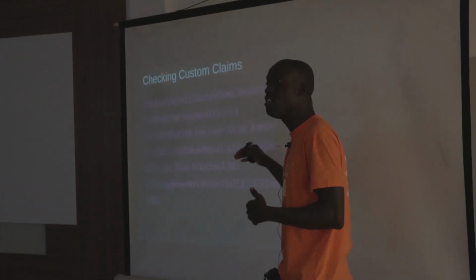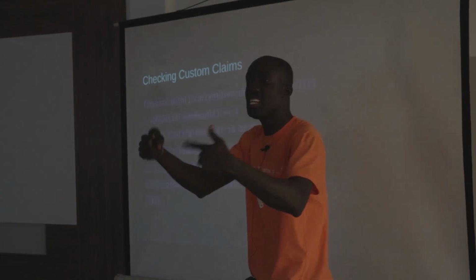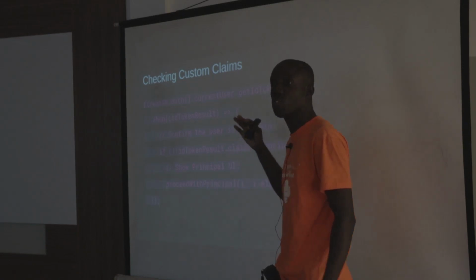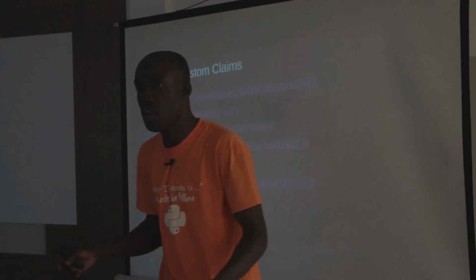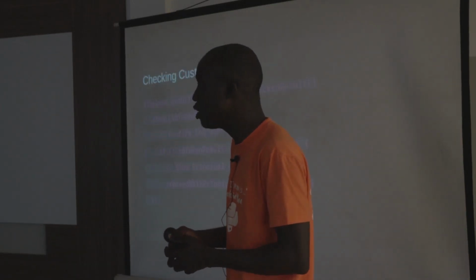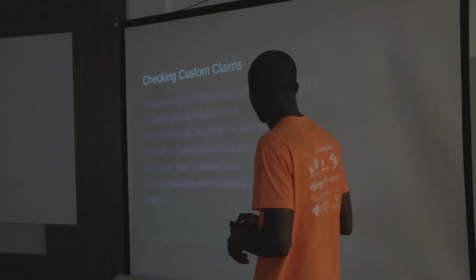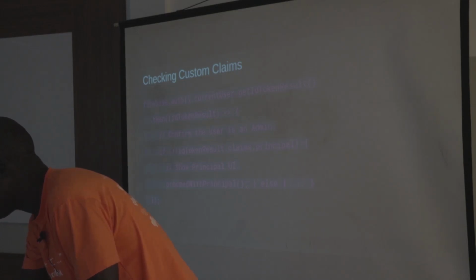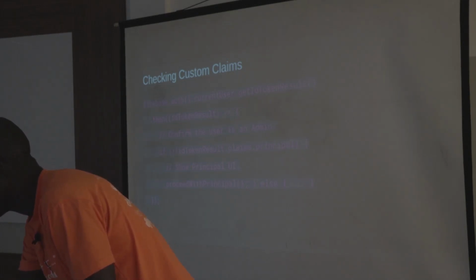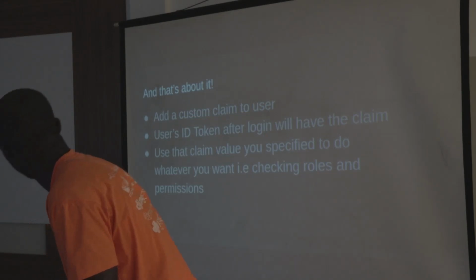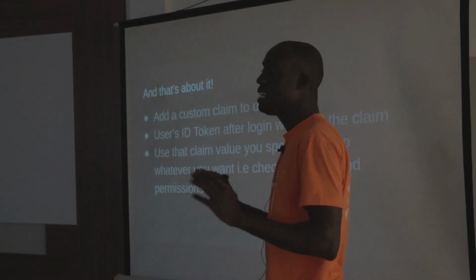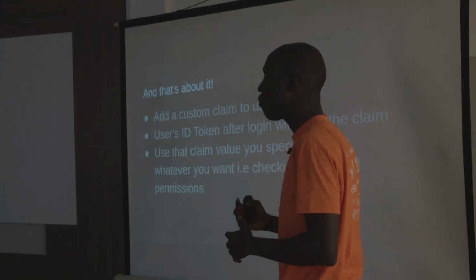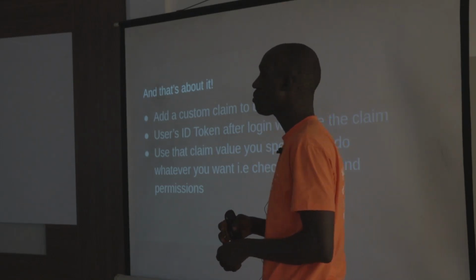So we peek into whoever is making that call to see if the person is a principal. If the person is not, then we can abort whatever functionality we wanted to execute over there. So basically, that's about it when it comes to setting custom claims with Firebase.